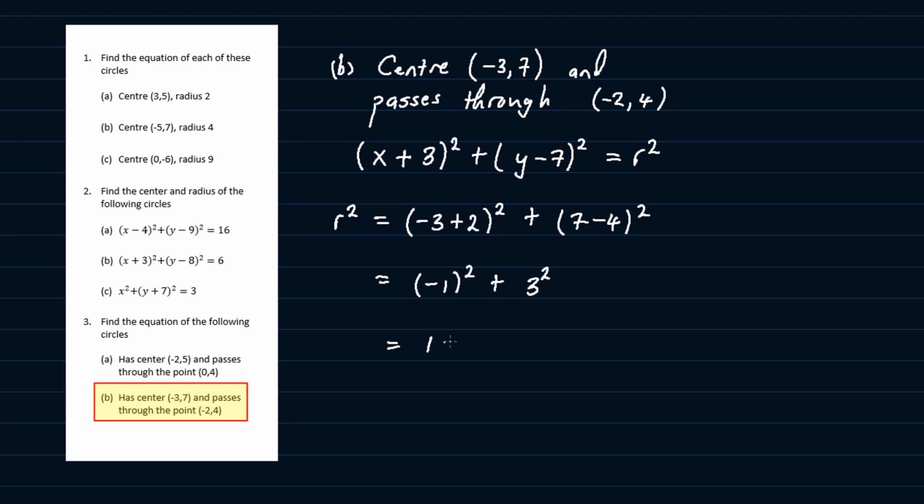So that's like 1 plus 9, which gives us 10. So r squared is equal to 10. So for the equation of the circle, it will be x plus 3 squared plus y minus 7 squared is equal to r squared, which is 10 in this case. So that's how we do it.